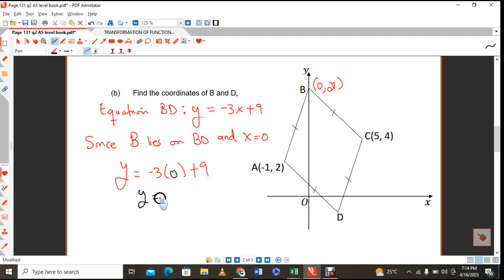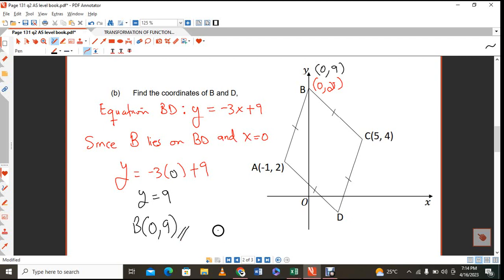This gives us the value of y, which is 9. So therefore that becomes 0, 9. You got it? Okay. So that is the coordinates of B. The coordinates of B is 0, 9.